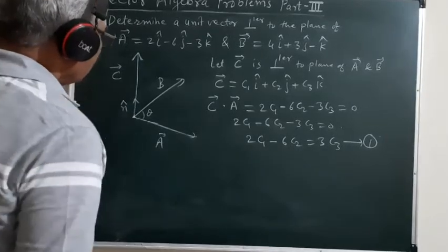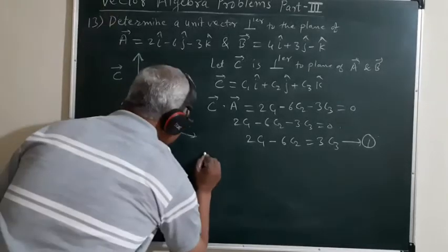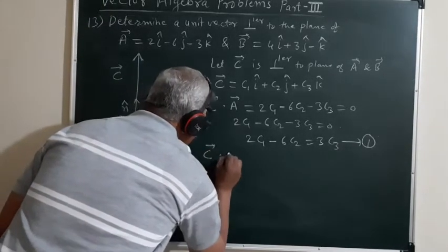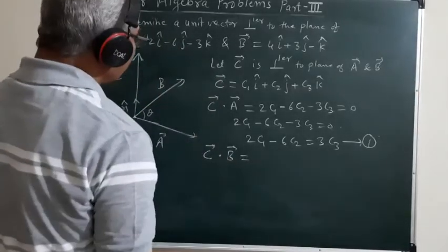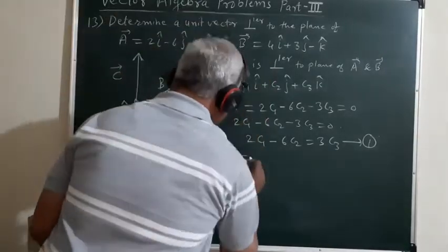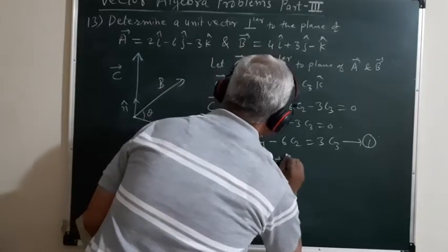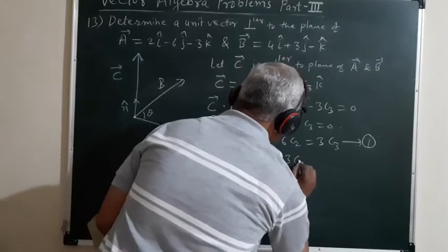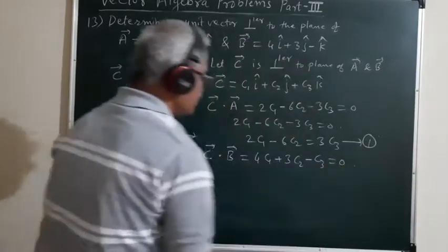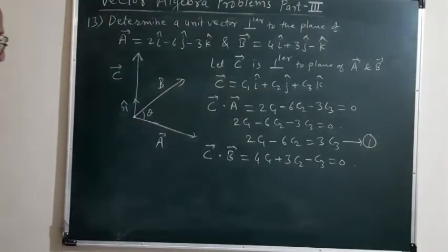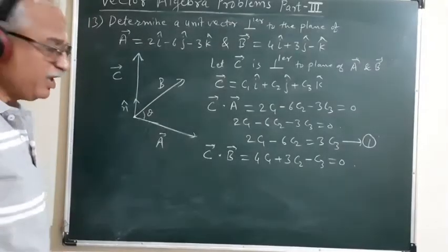Then evaluating the dot product of C bar with B bar, we get C bar dot B bar is equal to 4C1 plus 3C2 minus C3, and this must be equal to 0 because the vectors C bar and B bar are mutually perpendicular to each other.